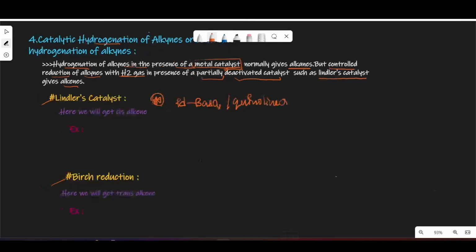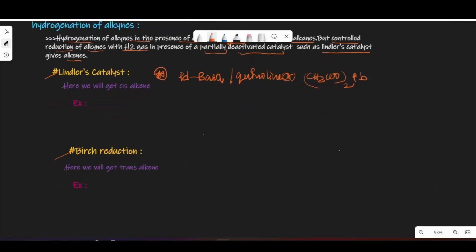Or you can take Pd/CaCO3. This is the Lindlar's catalyst, and you should remember one thing: we will get a cis alkene as a product with this Lindlar's catalyst. Let's see one example.